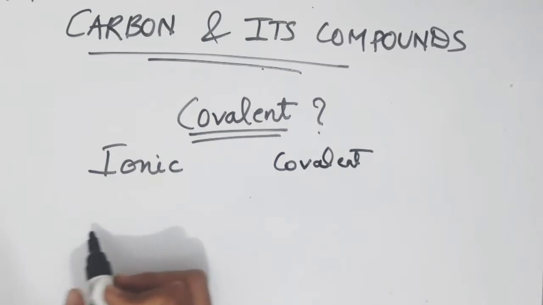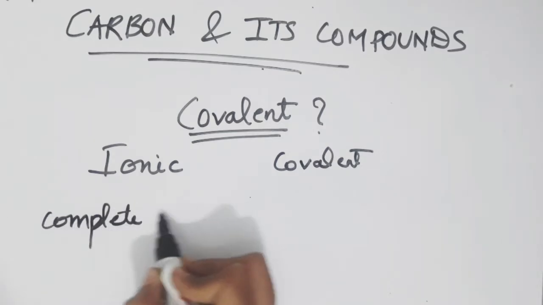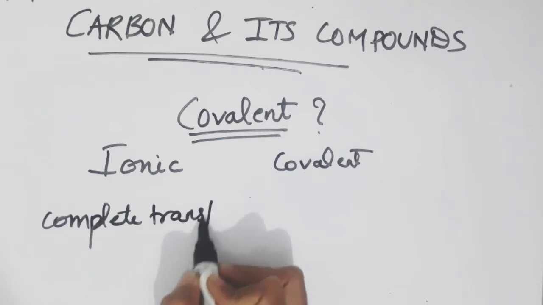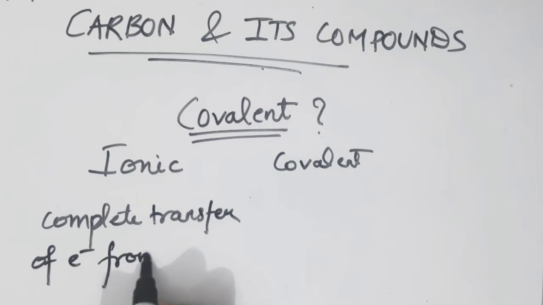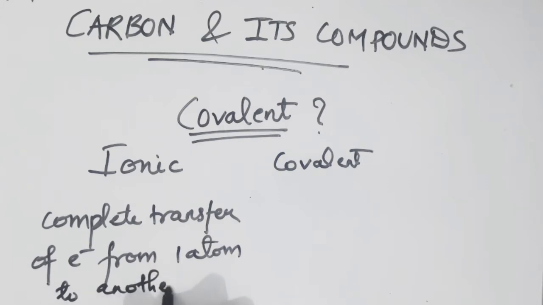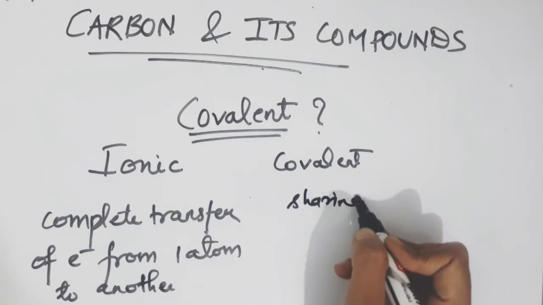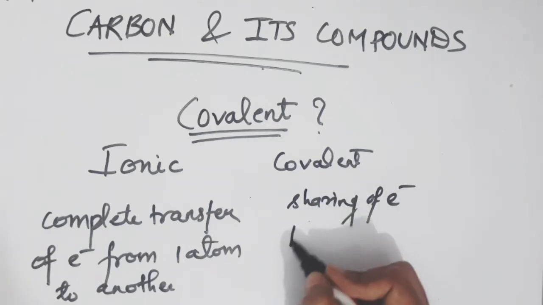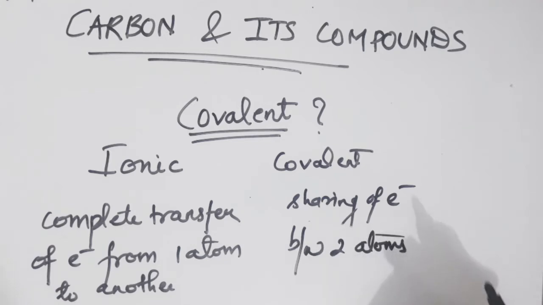An ionic bond is formed by complete transfer of electrons from one atom to another. But covalent compounds are formed by sharing of electrons between two atoms. This is the basic difference between an ionic and a covalent compound.